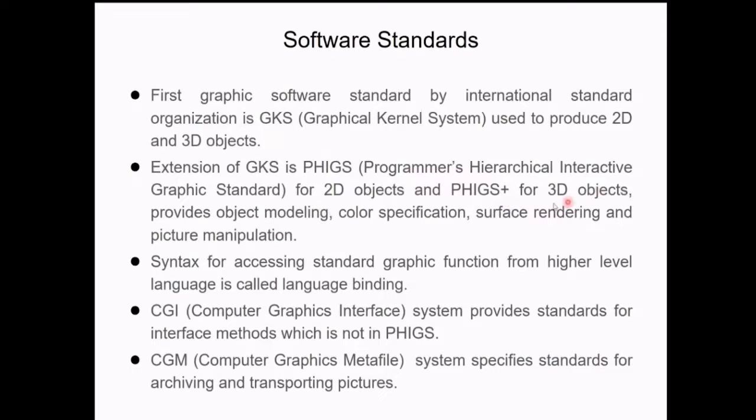You generally write one statement, like draw a circle or simply circle, or draw pixel, or you just need one statement to draw a complete thing. That is included in this PHIGS software package, and that is also a standard one that gives you many functionalities: object modeling, color specification, surface rendering, and picture manipulation.